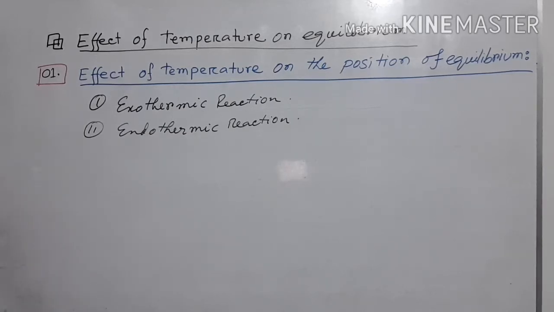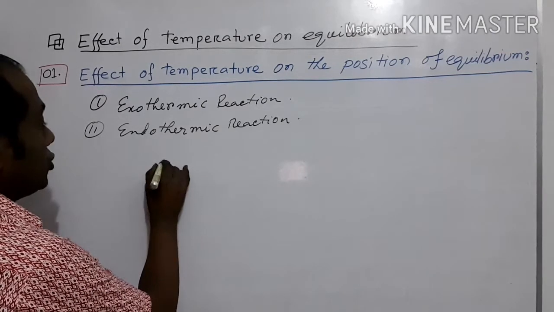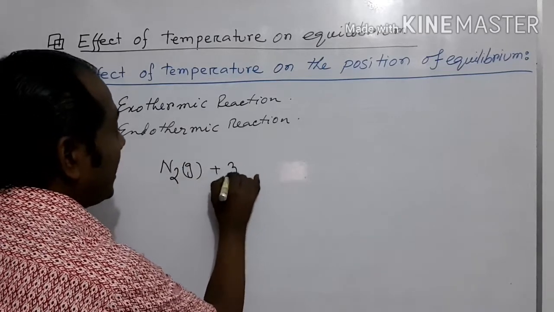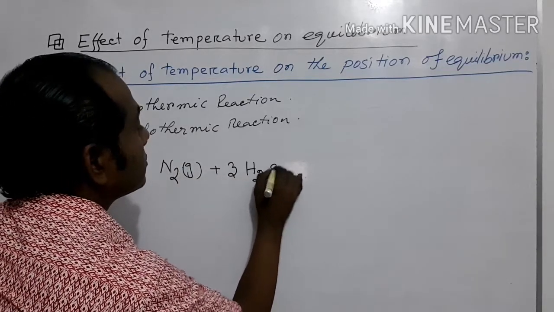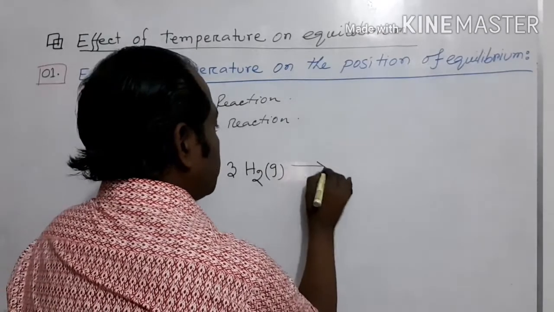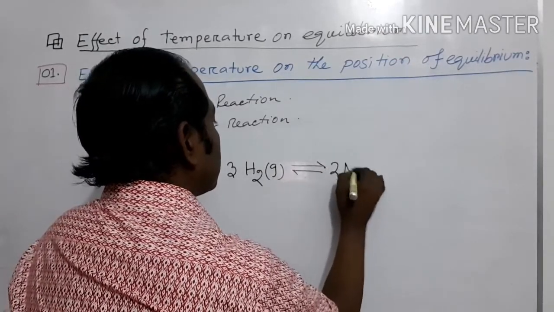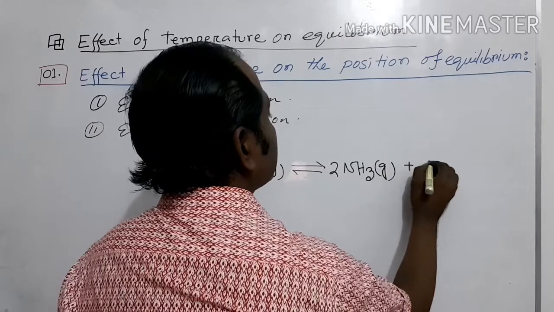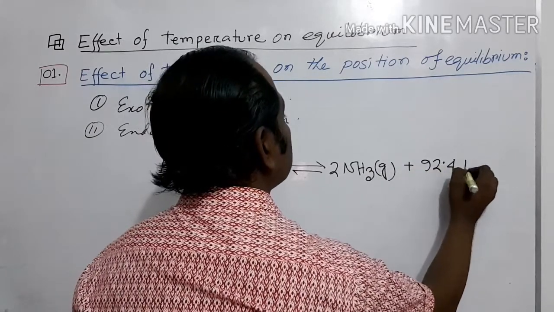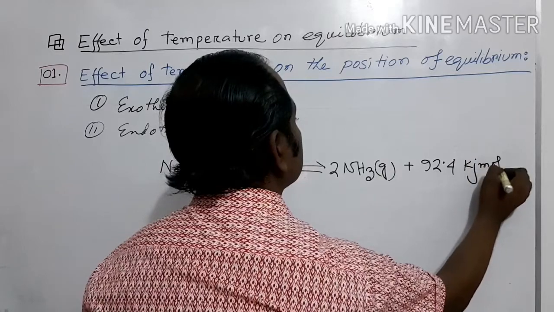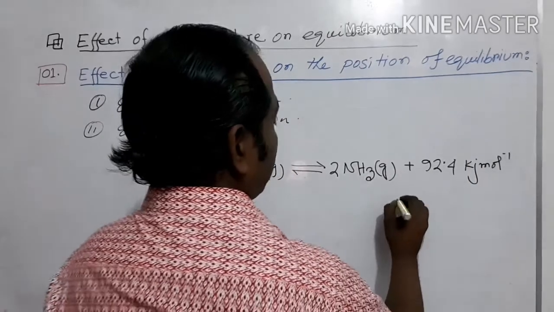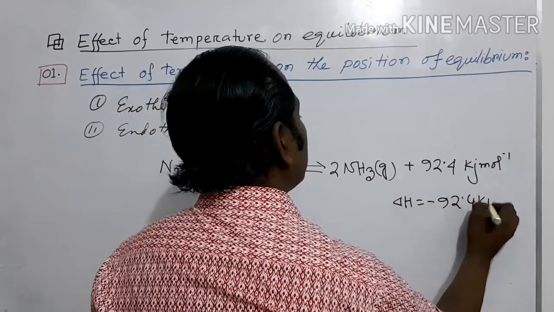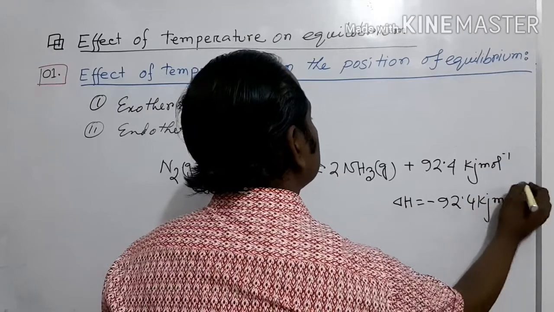Let us consider one reaction, nitrogen plus hydrogen to ammonia plus 92.4, and del H equal to minus 92.4 kilojoule per mole.